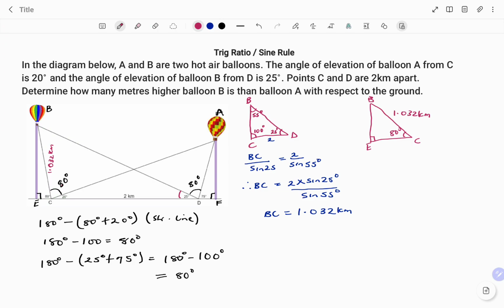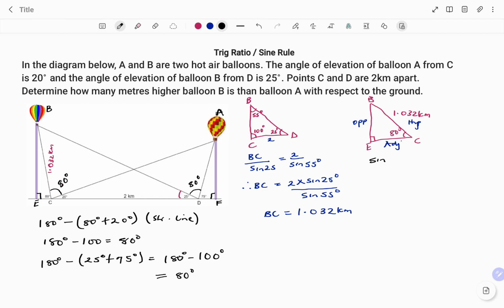I can find the height of the balloon B using my trig ratio. If I label, the side facing my angle is my opposite, the longest side is my hypotenuse, and the last side is my adjacent. Because I'm looking for my opposite, and I already have my hypotenuse, I'm going to use sine.